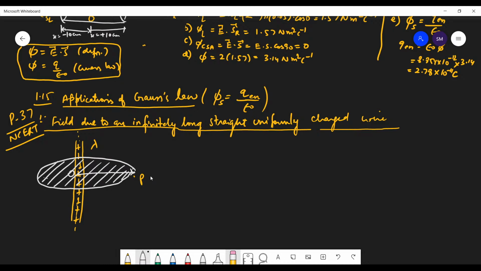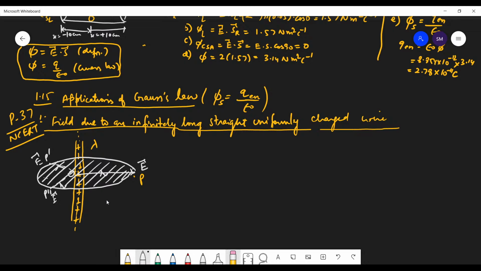Now all the points P, P dash, P double dash are equidistant, right? All these points are at the same radius. They are completely equivalent with respect to the charged wire, because this is a circle and all of them are at the same distance from the wire. So the magnitude of electric field is the same at all these points on the circle.